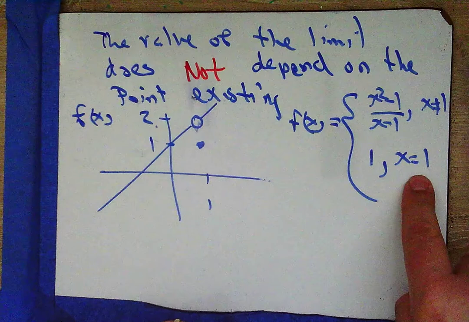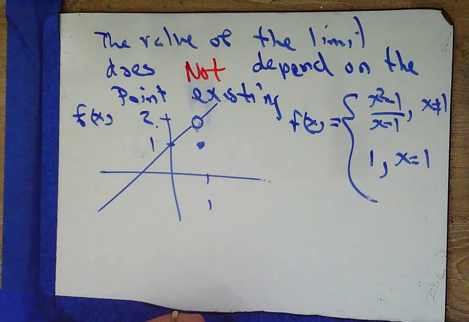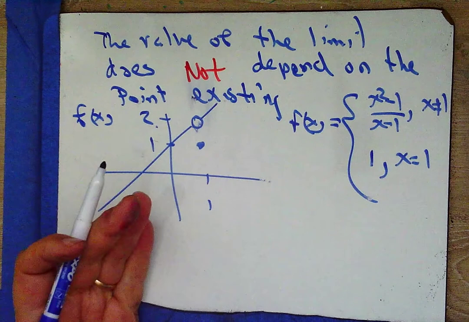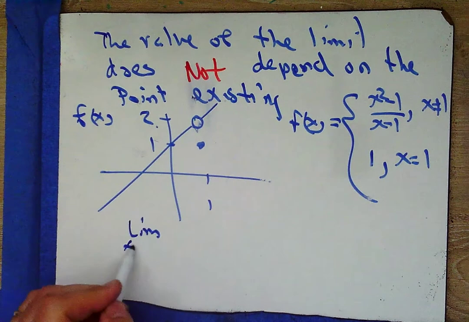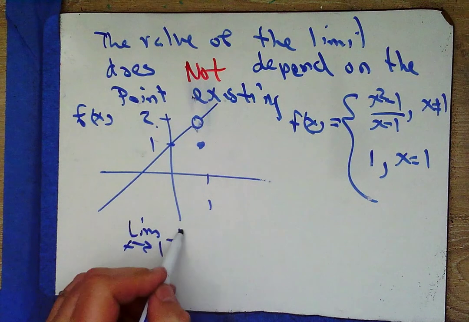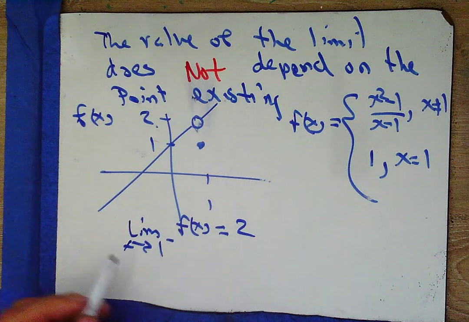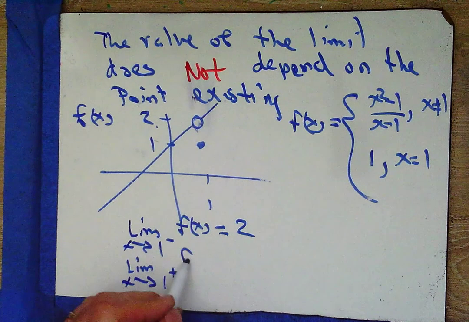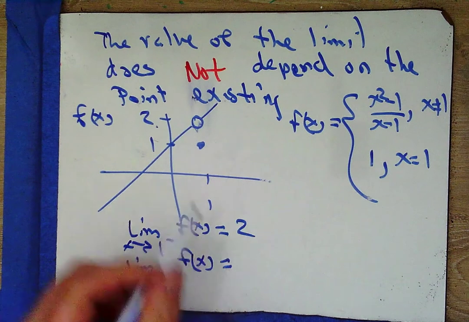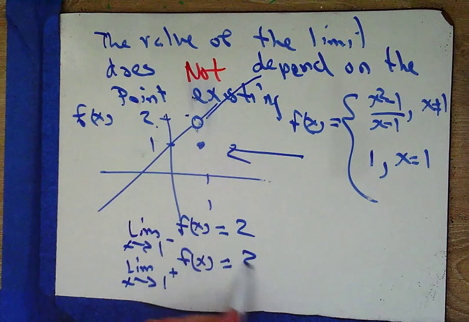And this piece says, hey, at 1, I take on the y value of 1. But does the limit exist? Sure. I know the limit as x approaches 1 from the negative side of this function is approaching a value of 2. And I know that the limit as x approaches 1 from the positive side, as we come in from this direction, the y values are approaching a value of 2.